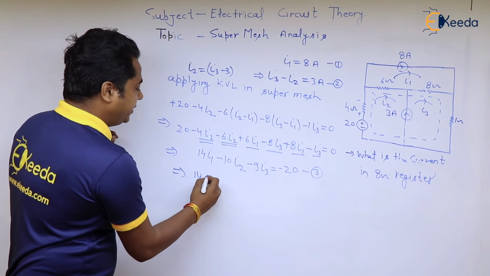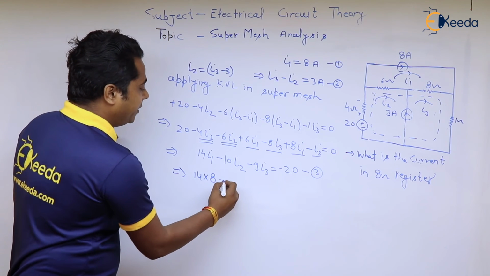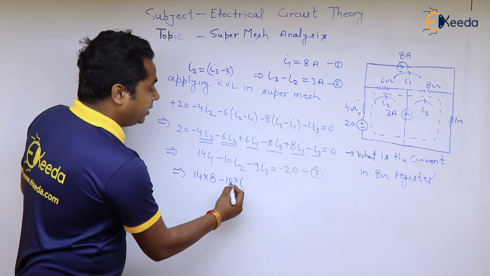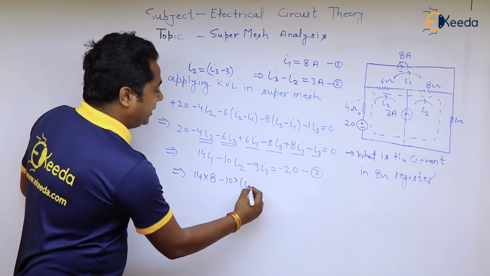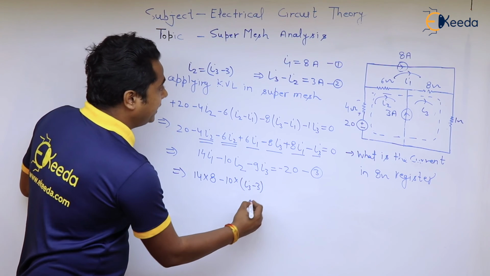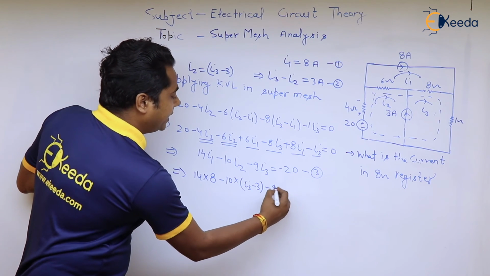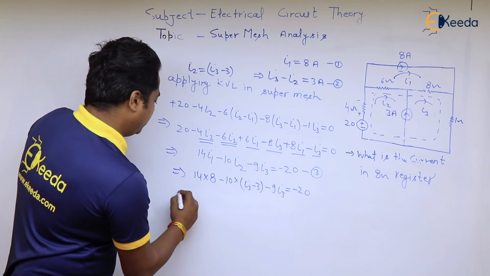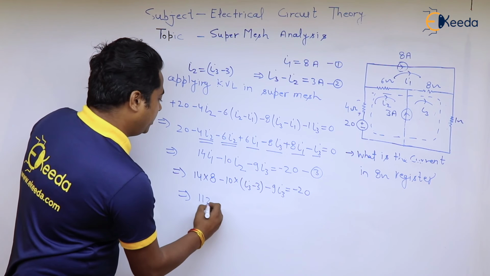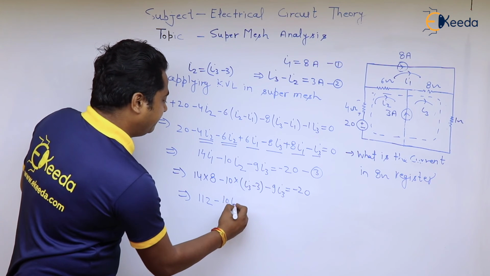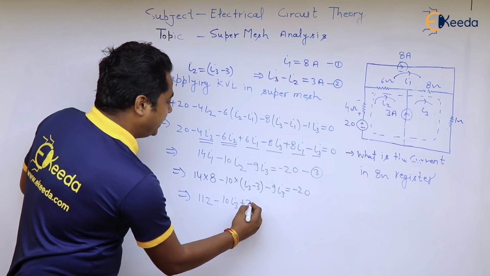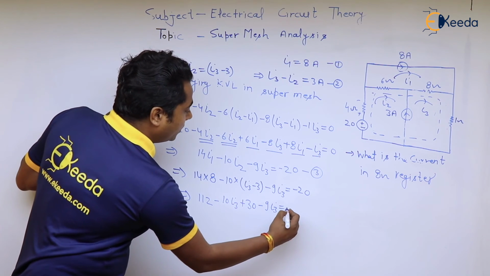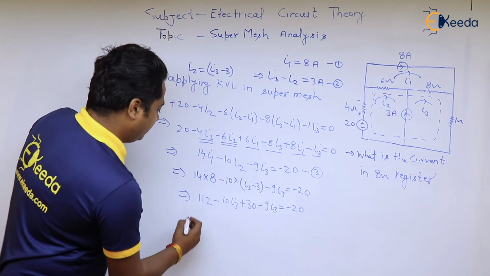So 14 into I1 is equal to 14 into 8, that is 112, minus 10 into I2, the value minus 10 into I3 minus 3, minus 9 I3 is equal to minus 20. 112 minus 10 I3 plus 30 minus 9 I3 is equal to minus 20.